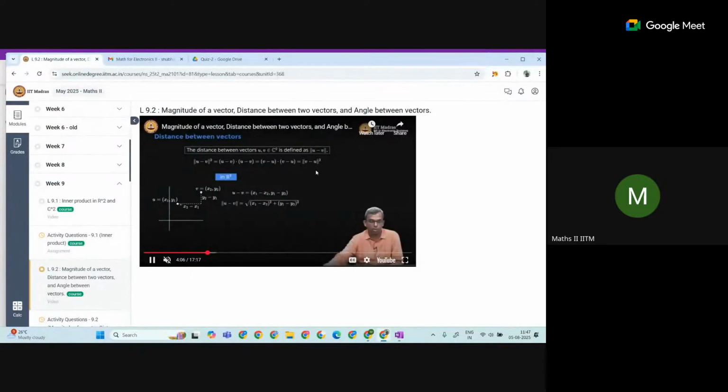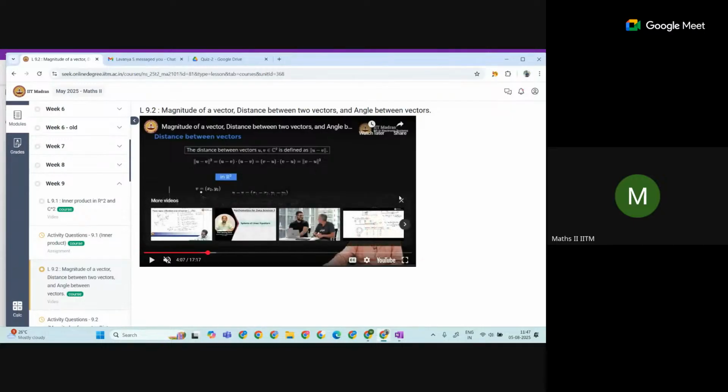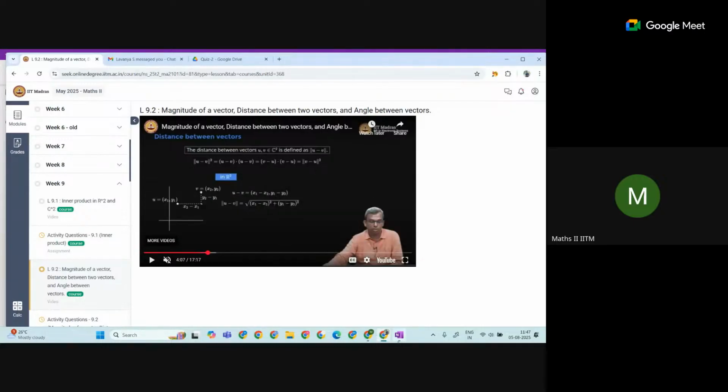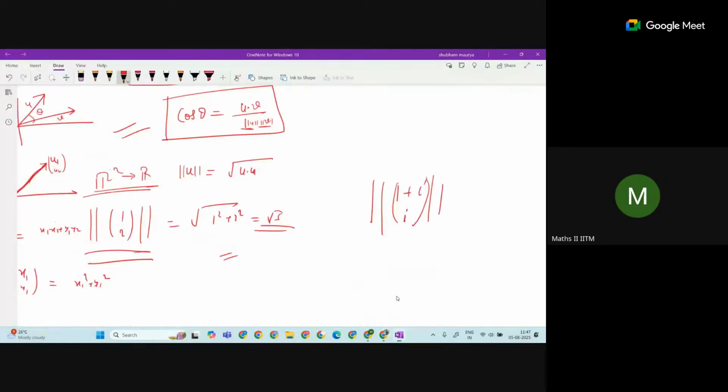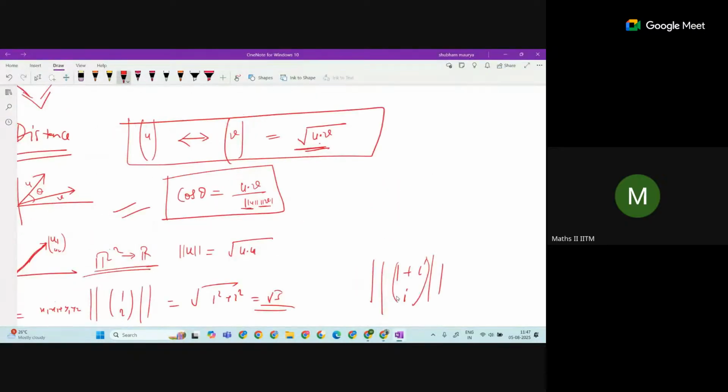I just missed that. I just wrote the wrong formula. The distance between two vectors is not just the inner product u dot v. It is the norm of u minus v. Sorry, I just missed that. This is the norm of u; I just wrote that definition.